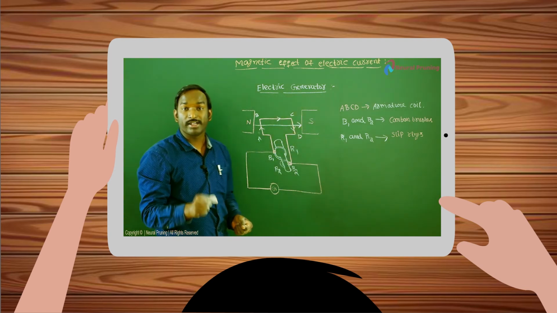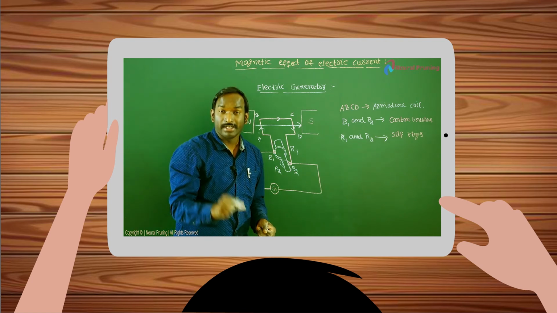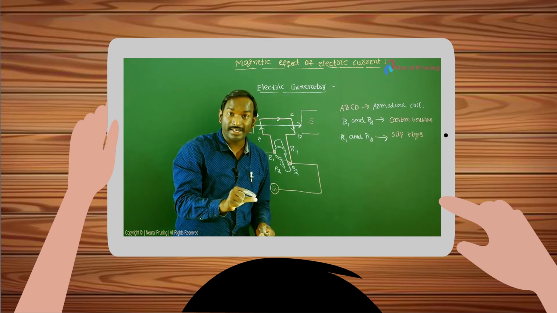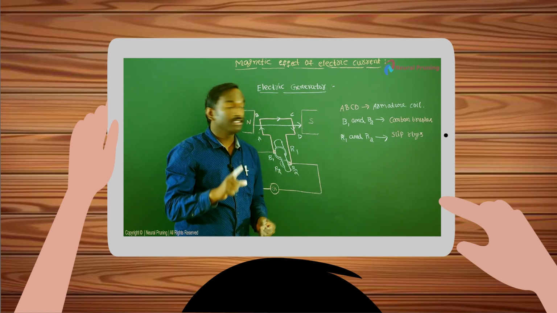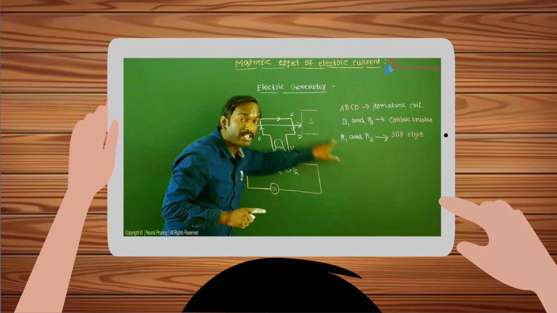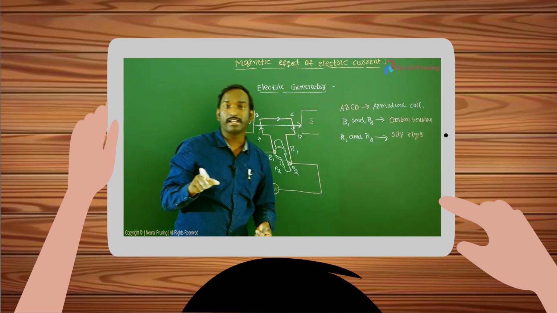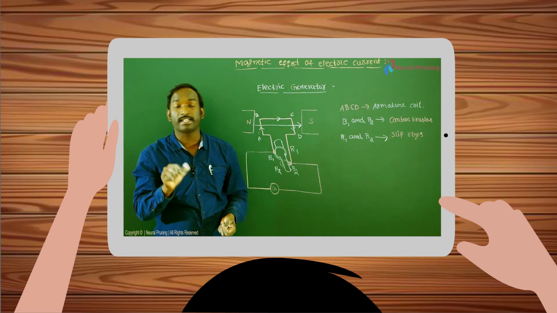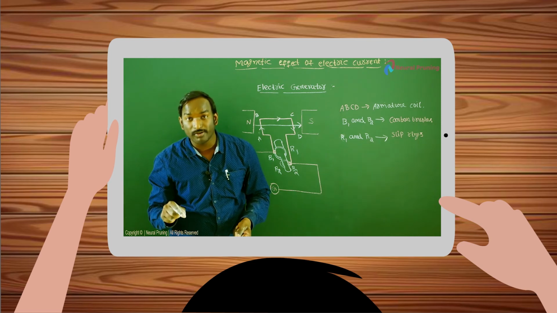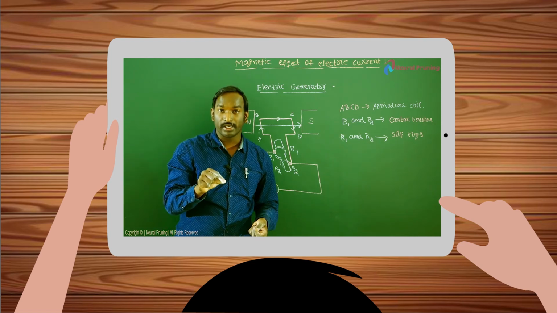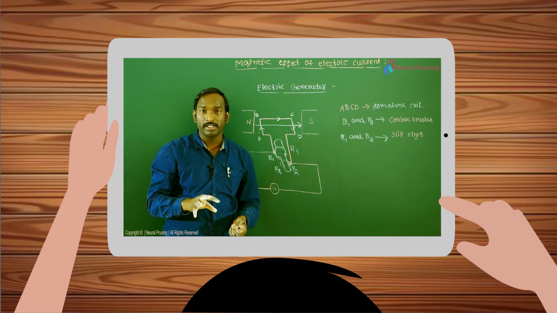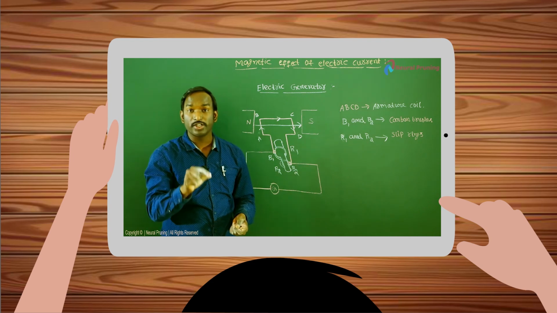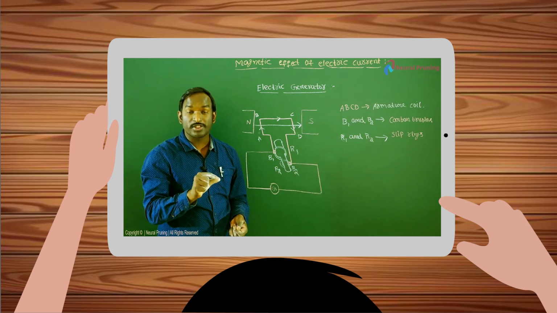After each and every half of the rotation, the direction of the induced current through the arms changes. That's why it is called an AC generator, alternating current. And a generator is a device which is used to convert mechanical energy to electric energy. During each half of the rotation, the direction of current induced through the arms changes.